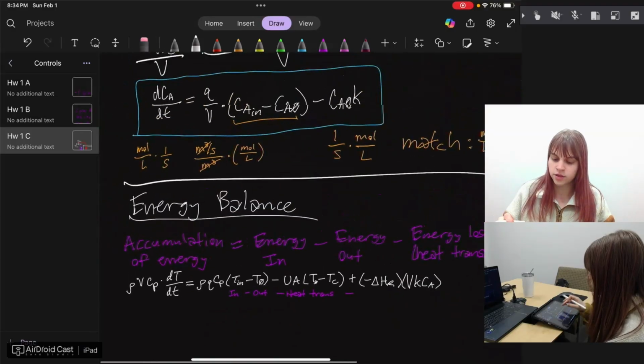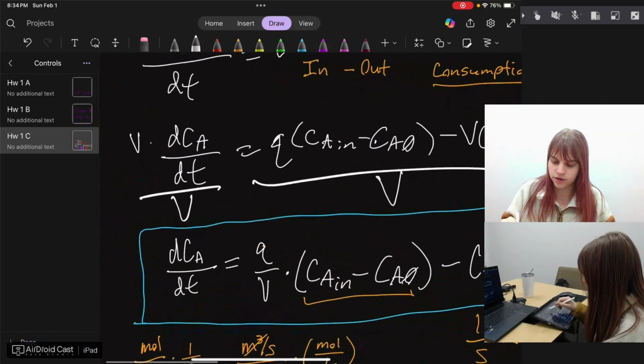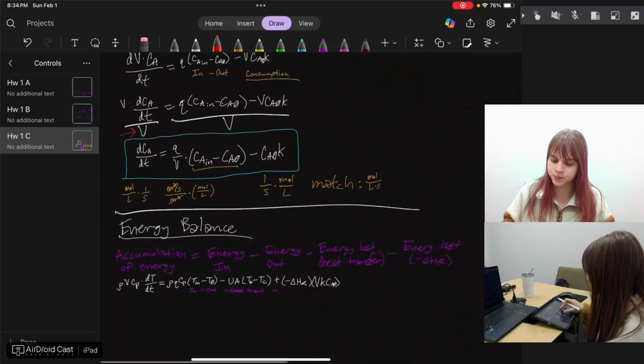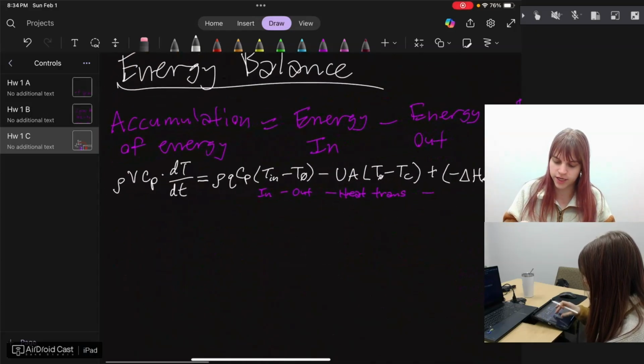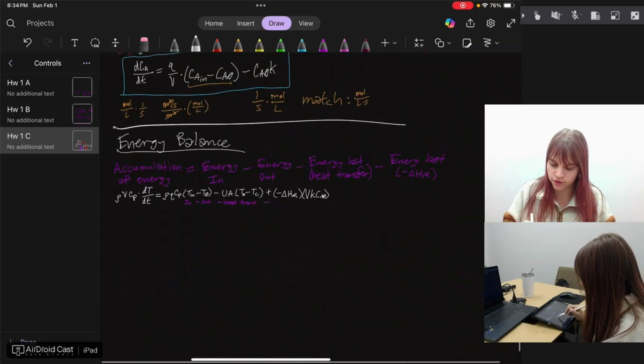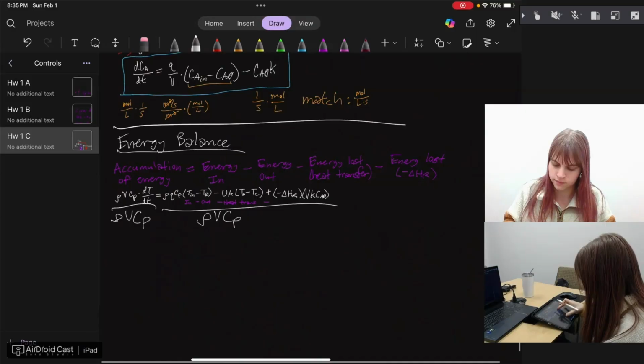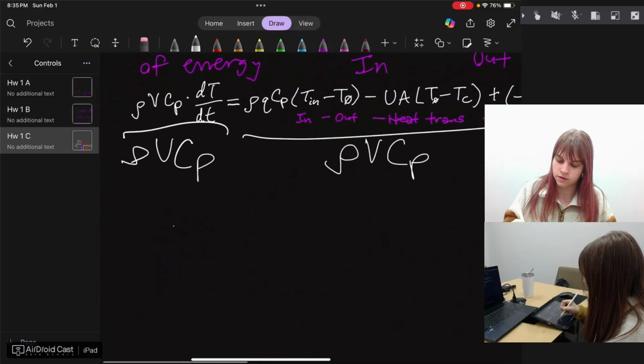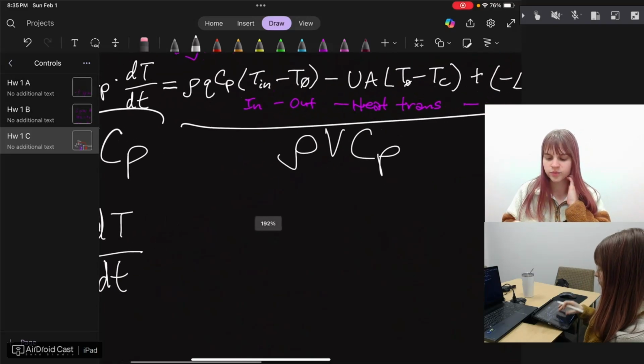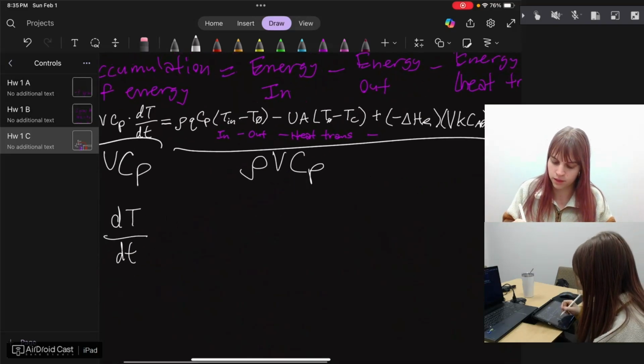And similar to what we did here, dividing by the volume, we're going to go ahead and divide all of it by rho V Cp so that we can get this change in temperature with time on its own.